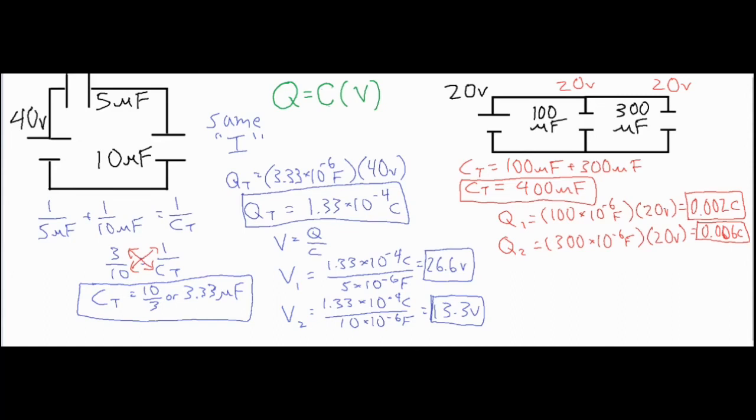All right, so I found my Q1, which is my charge for my first capacitor, and my Q2, which is my charge for my second one. I got 0.002 coulombs and 0.006 coulombs.